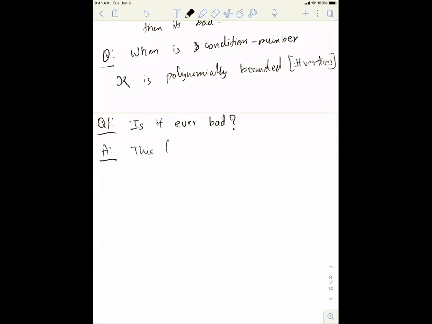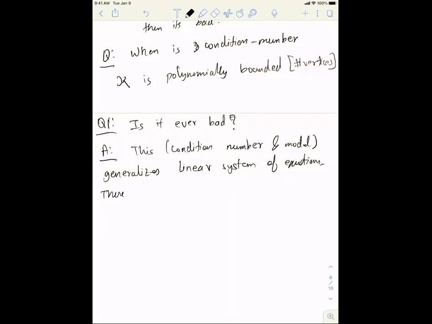So the simplest answer is that both the notion of condition number and the model itself generalize linear systems of equations. And we know that there are bad examples, ill-conditioned examples.